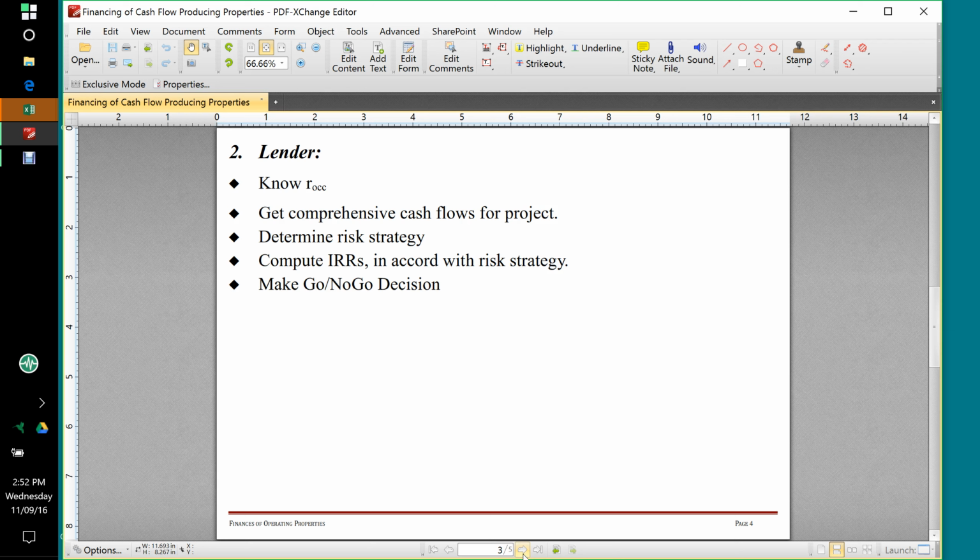And then using the comprehensive cash flows for this project for the lender, we want to compute her IRRs, one IRR per scenario for her risk strategy. And then similarly to the equity player, the operator, she's going to decide whether or not to give this putative operator a loan or not.